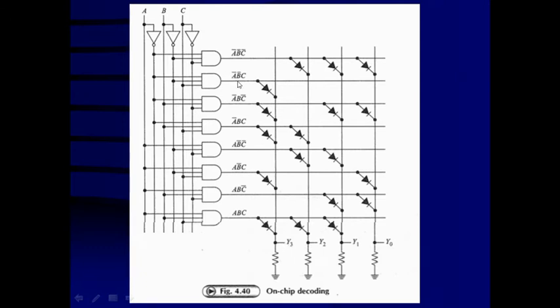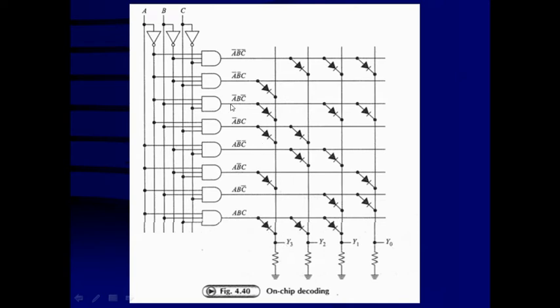Y3 is equal to this fundamental product, A bar, B bar, C, or A bar, B, C bar, or this third one, A bar, B, C, or A, B bar, C, the fourth one, and A, B, C, the fifth one. These 5 fundamental products are ORed, and you will get the output Y3.